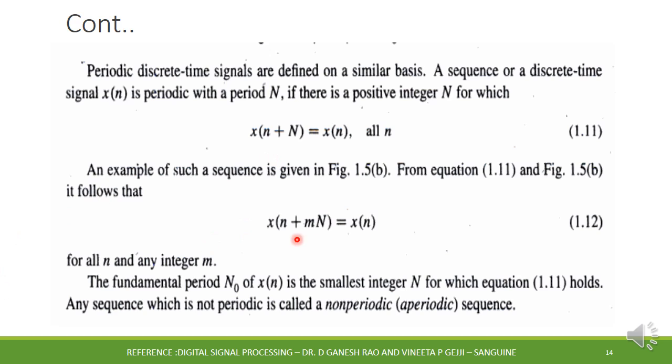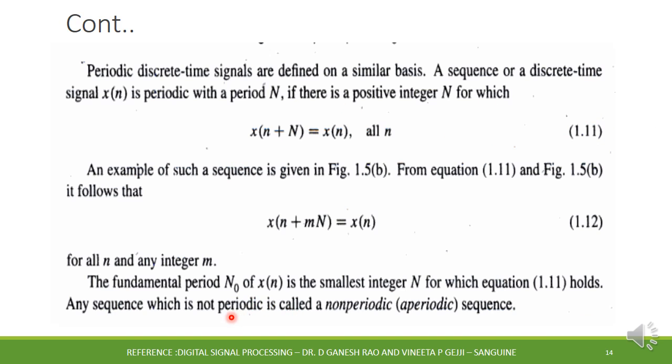An example of such a sequence is given in equation 1.11 and in figure 1.5b. It follows that x of n plus mN is equal to x of n. The fundamental period N0 of x of n is the smallest integer N for which the equation holds.